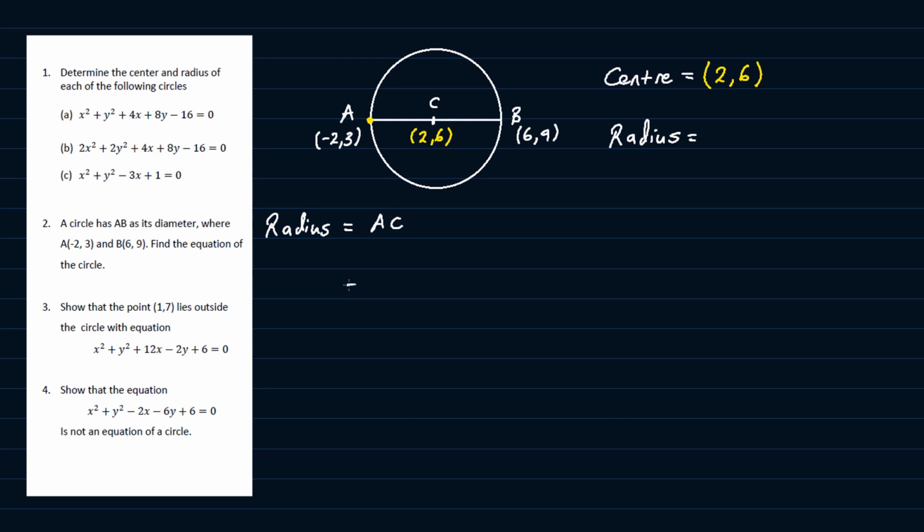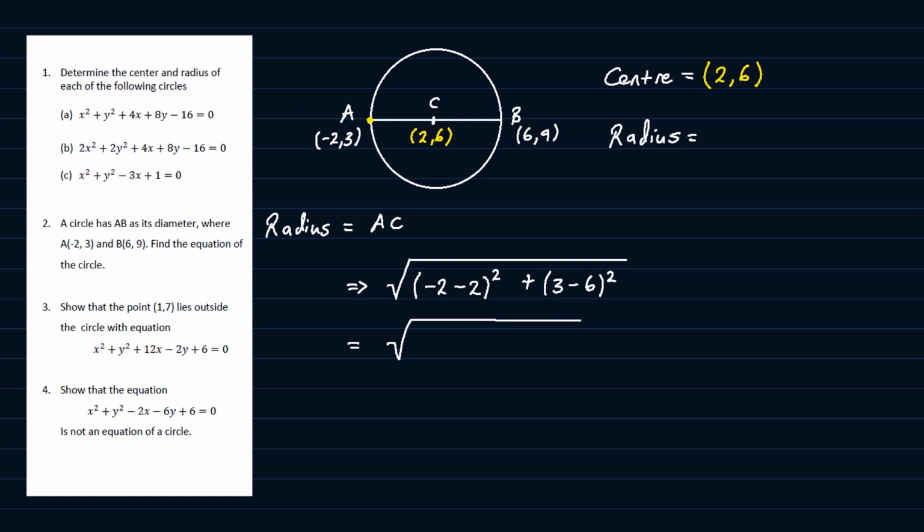And AC is actually the square root of minus 2 minus 2 squared plus 3 minus 6 squared. So this is going to give us the square root of minus 4 squared plus minus 3 squared.